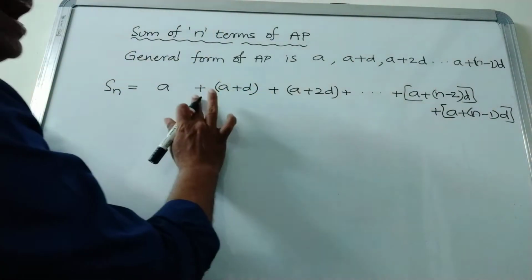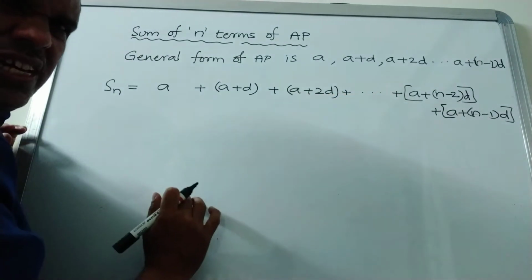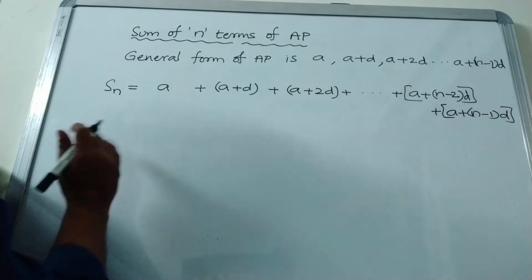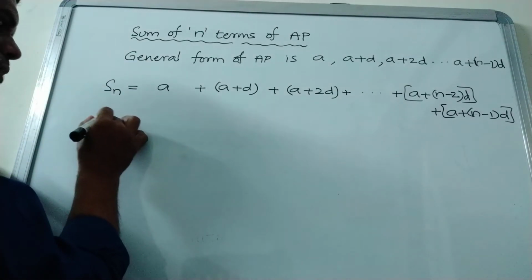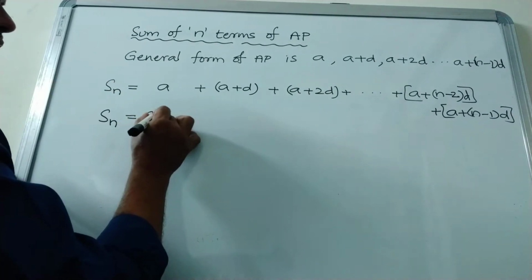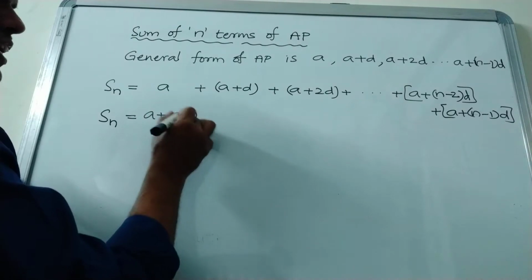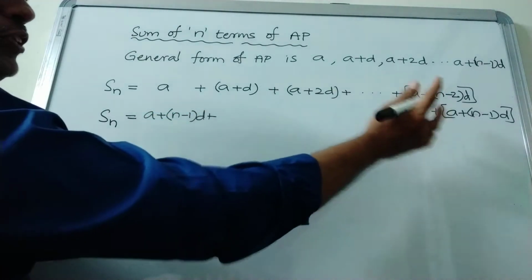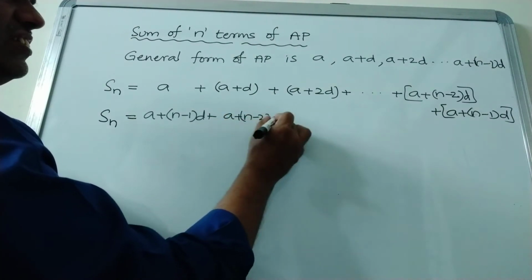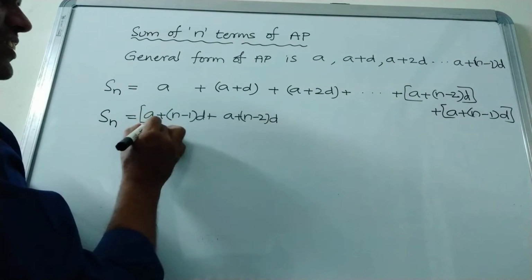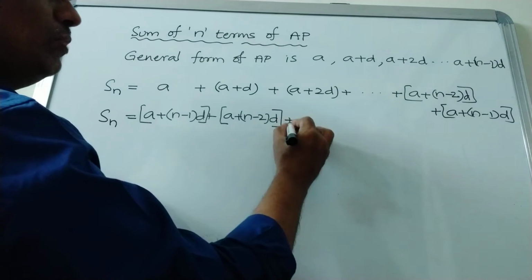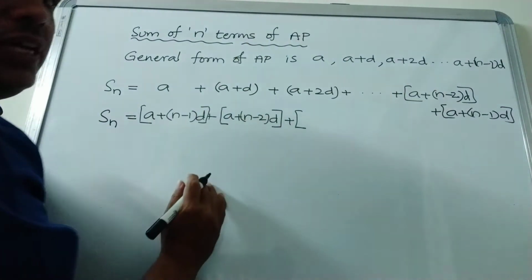Now I am adding each and every term here. Okay, so what happened here? I am writing it in reverse. How will I write it? Again the same Sn: a plus (n minus 1) into d, before that a plus (n minus 2) into d, and before that, can you guess?